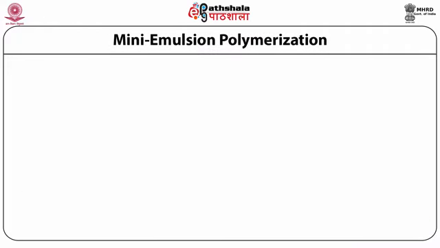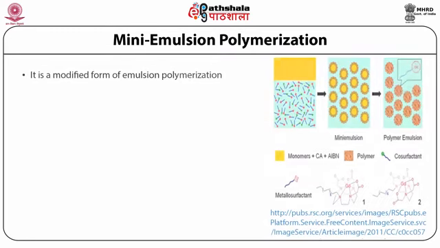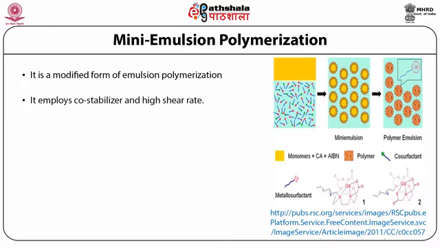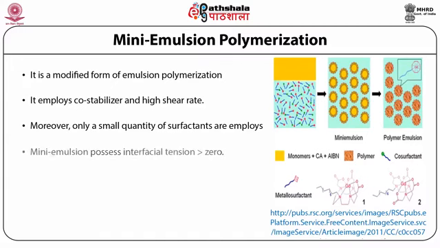Another important polymerization technique is miniemulsion polymerization. It is a modified form of emulsion polymerization. The only difference between them is that it employs a co-stabilizer and a high shear rate. Moreover, in this method, only a small quantity of surfactant is used. Therefore, in the resultant miniemulsion the interfacial tension is greater than zero.